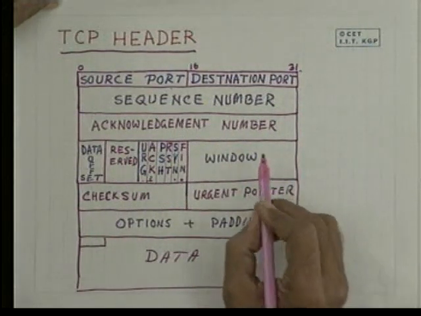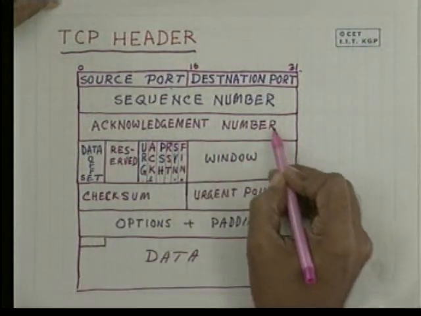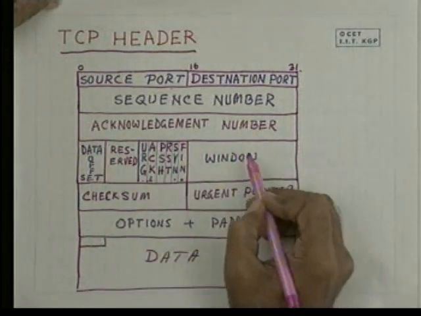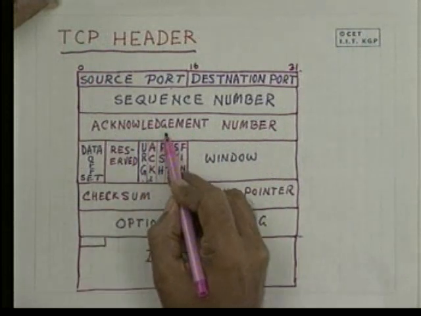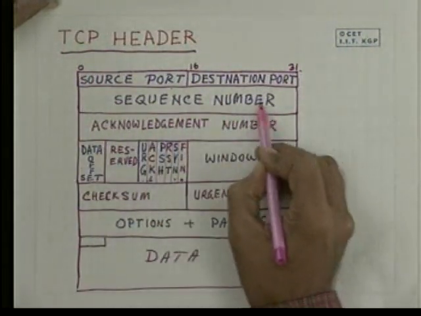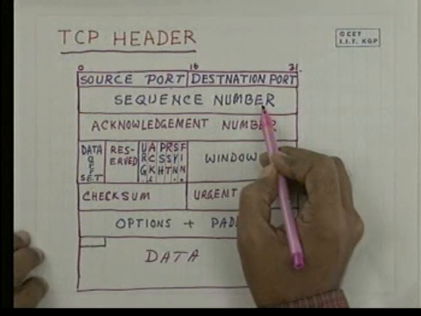You may be asking, what is the size of the data? The sequence number gives the number of the first octet. What about the size? The size of the segment is decided between the two application programs, and accordingly they are given the numbers.